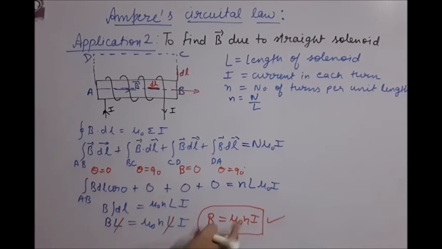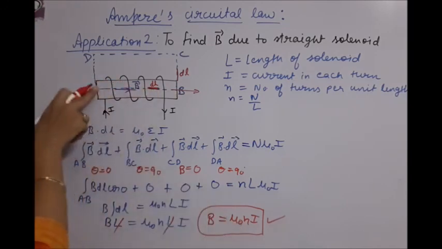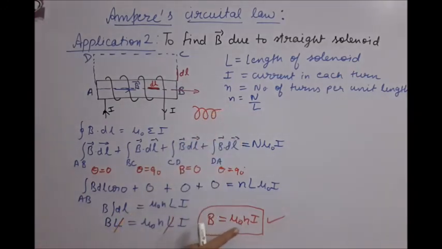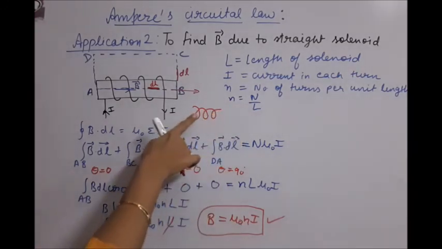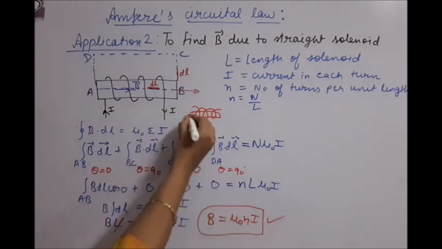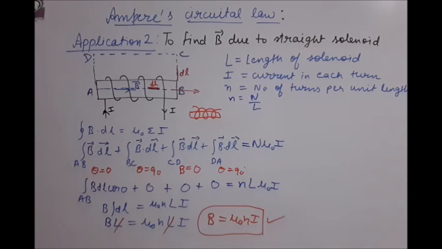Mu 0 will come when no medium is there, only air, that means only the coil is like this. If air is in between the windings, mu 0 will come. But if some medium is there, then mu will come. So these three factors will affect the magnetic field value.